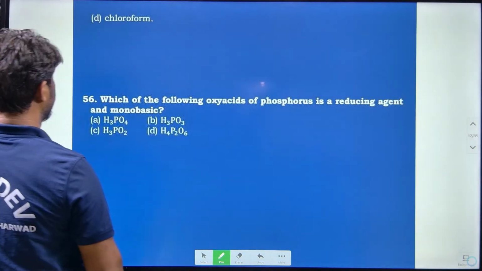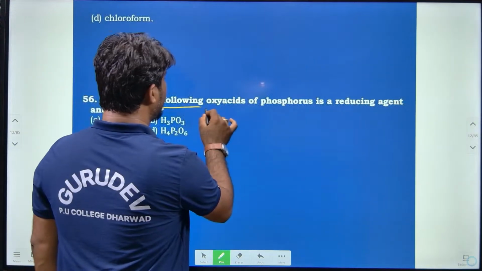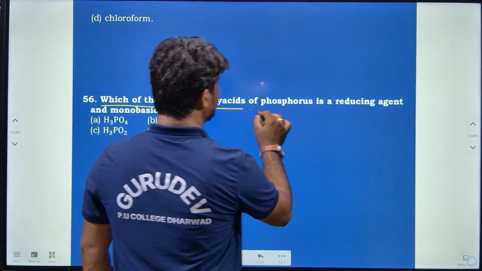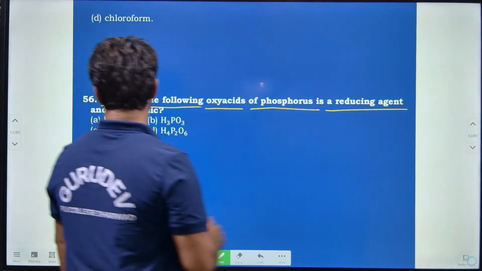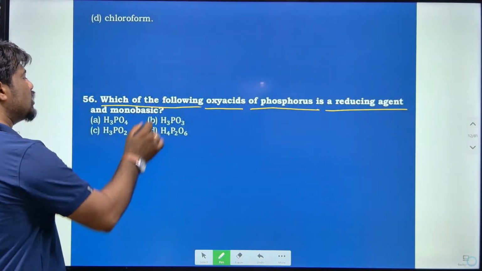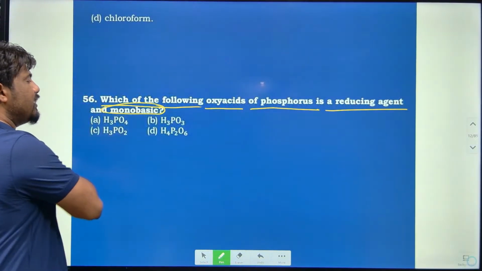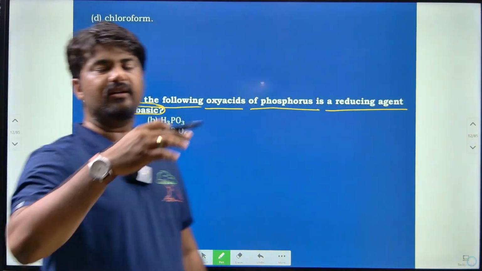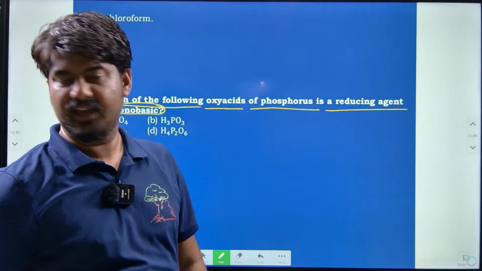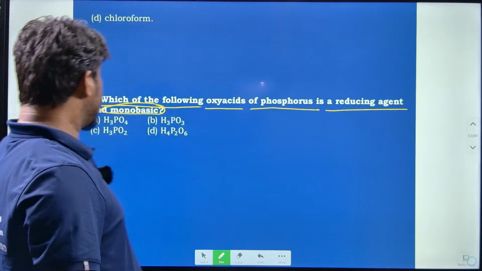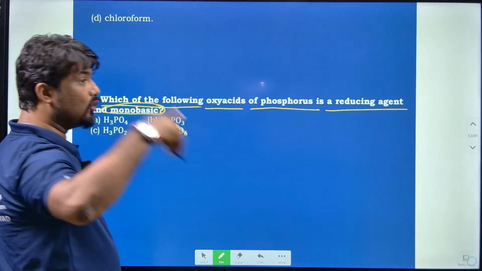Question number 56. Which of the following oxyacids of phosphorus is a reducing agent and monobasic? Monobasic means the acid which gives one H plus ion. Which molecule has the ability to give one H plus ion?